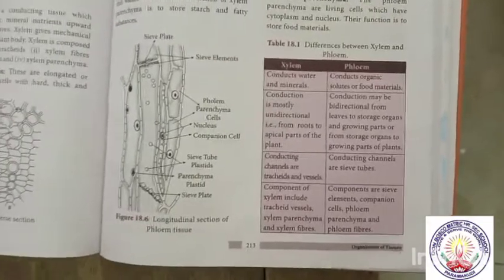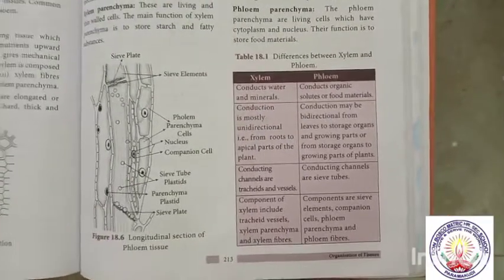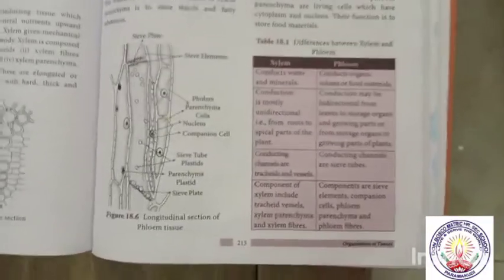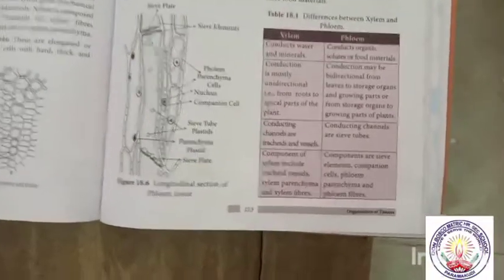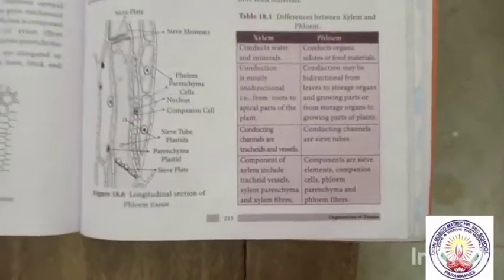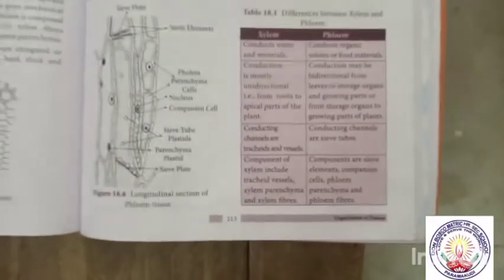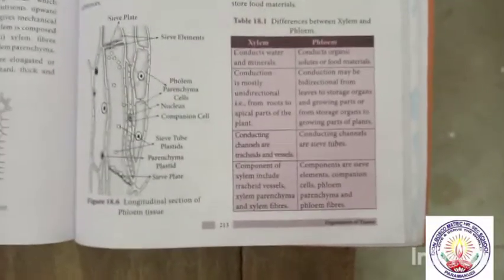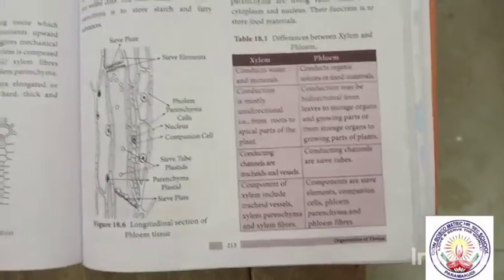Conducting channels are tracheids and vessels. Conducting channels are sieve tubes. Components of xylem include tracheids, vessels, xylem parenchyma and xylem fibers. Components of phloem are sieve elements, companion cells, phloem parenchyma and phloem fibers.